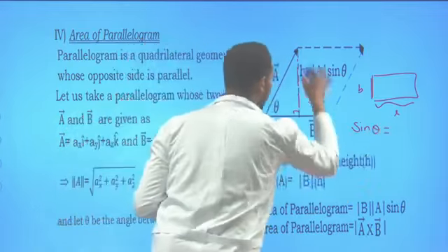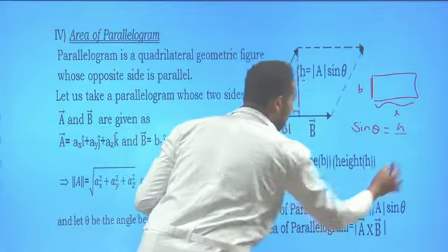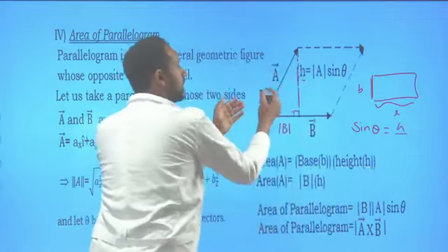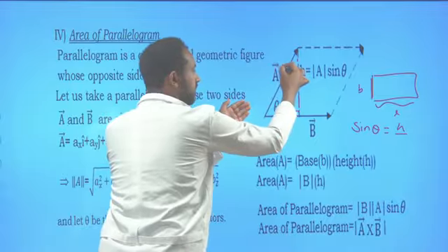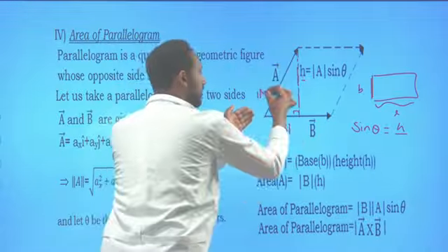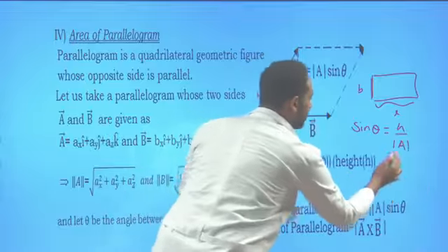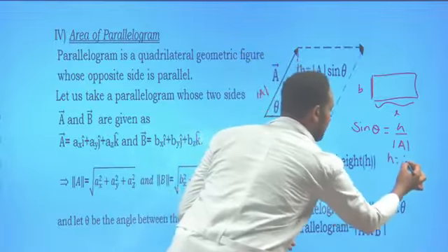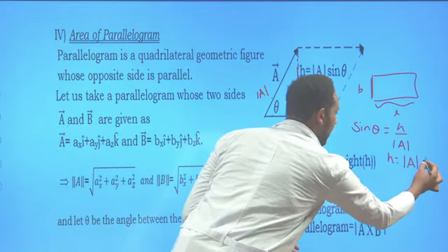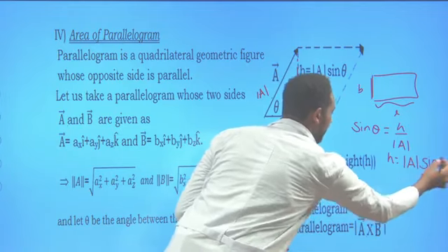The opposite is the height itself, h, and the hypotenuse is the magnitude of vector A. When you cross-multiply, the height gives you the magnitude of vector A sine theta.